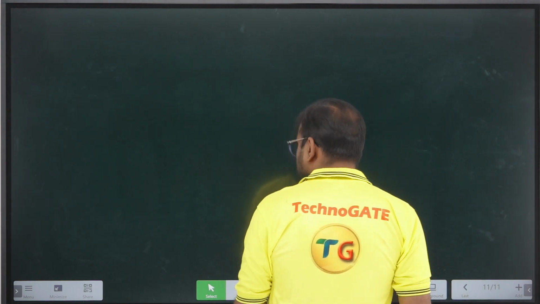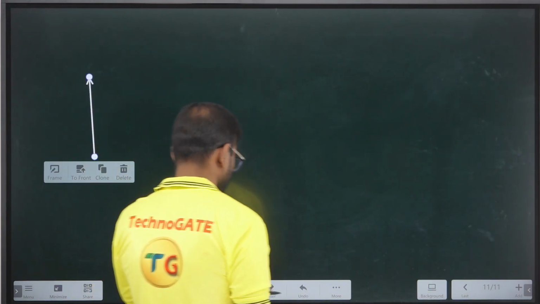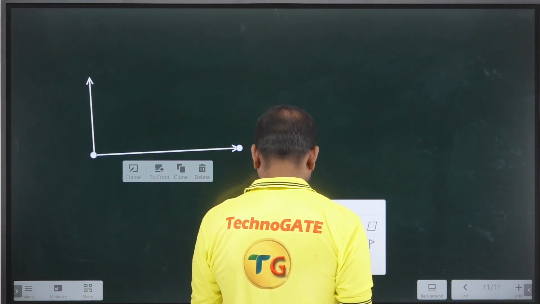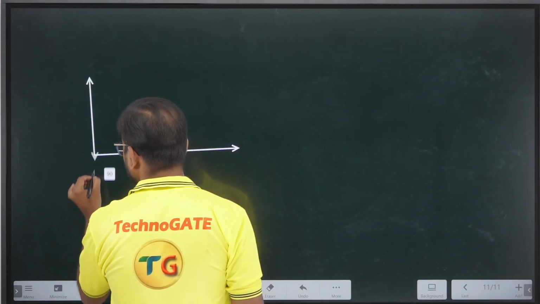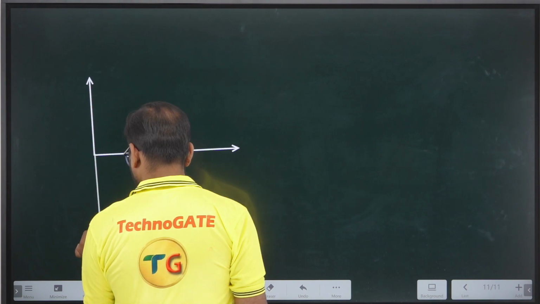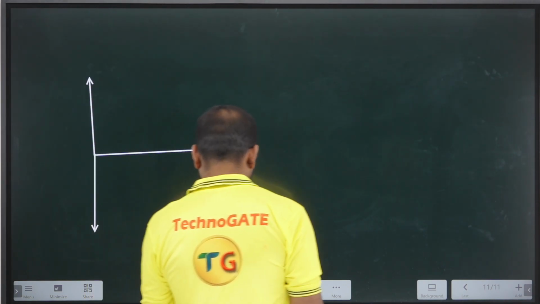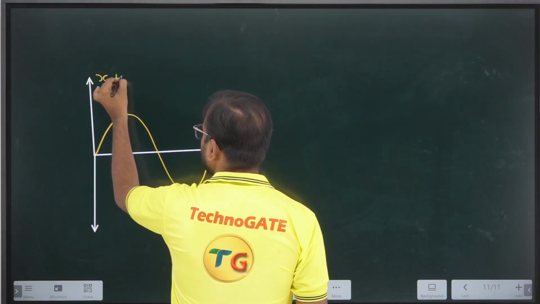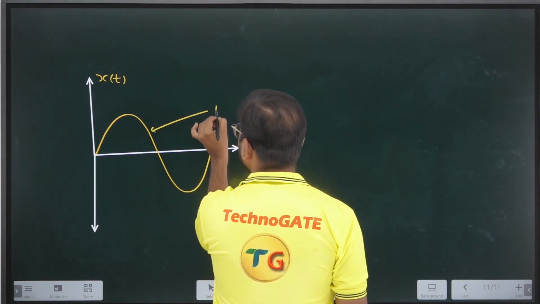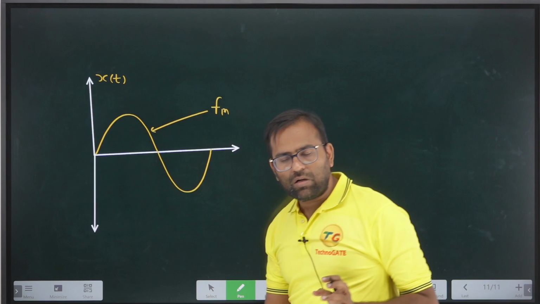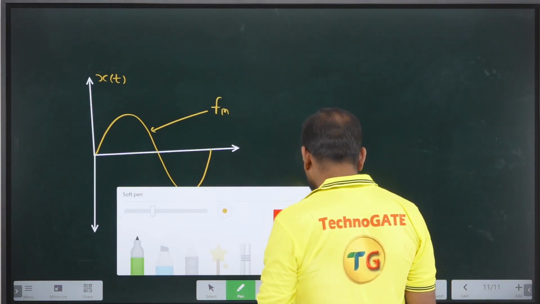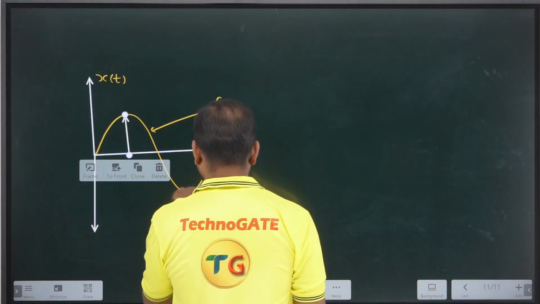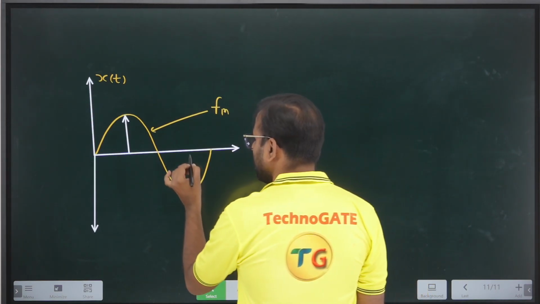Let's say we have this waveform, and this is your signal x of t having frequency fm. Then what is the Nyquist criteria saying? It says at least take 2 samples in one interval. Otherwise you are not able to reconstruct it.